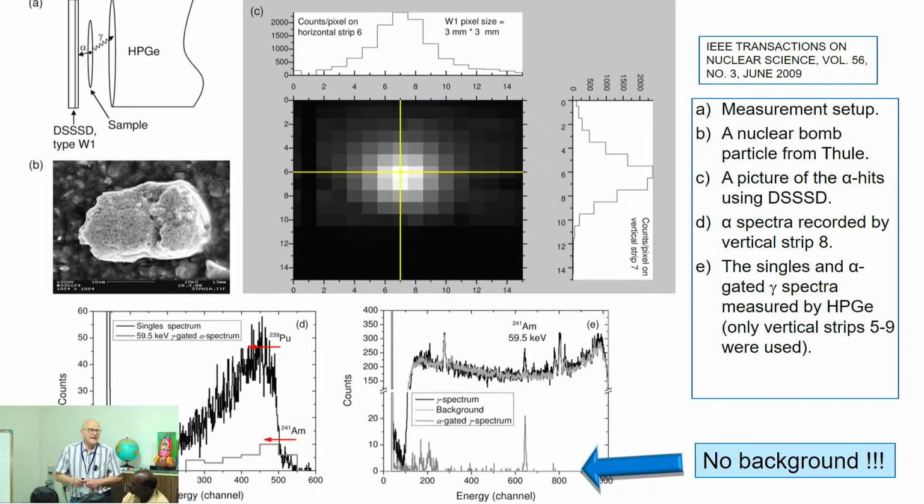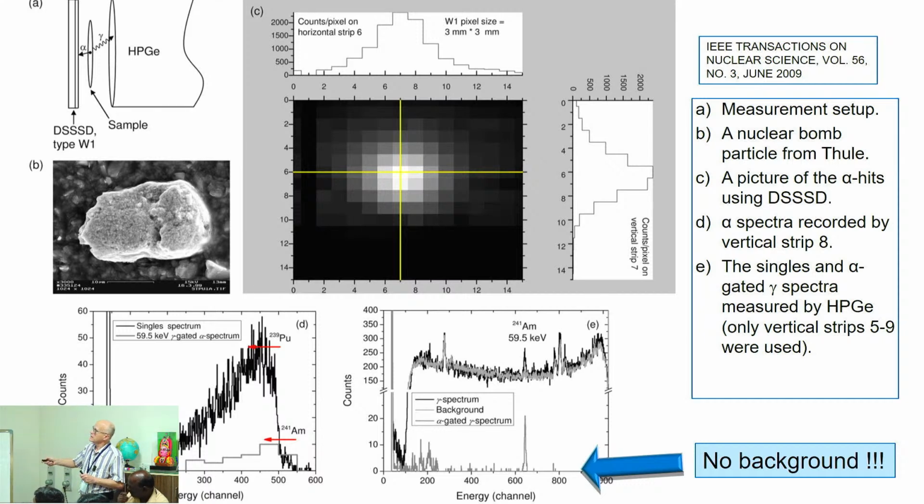Some Danish colleagues gave us these samples and we analyzed them some years ago. So this is one nuclear bomb particle, a non-detonated particle, so there is no nuclear explosion. It's like raw material.